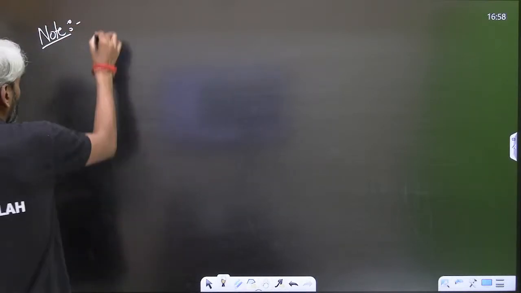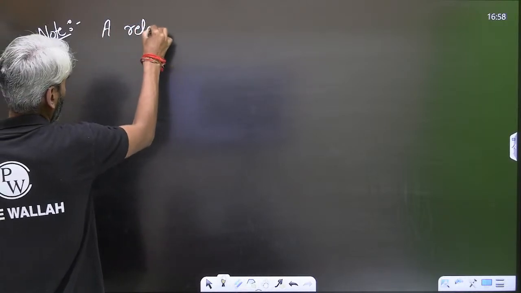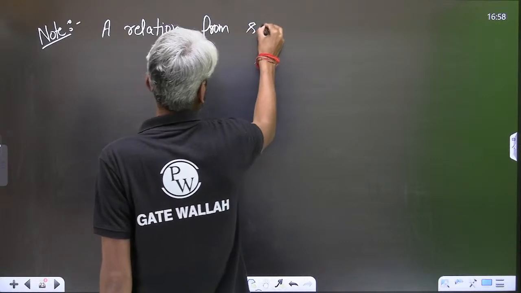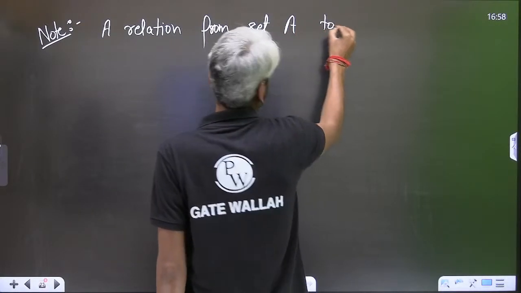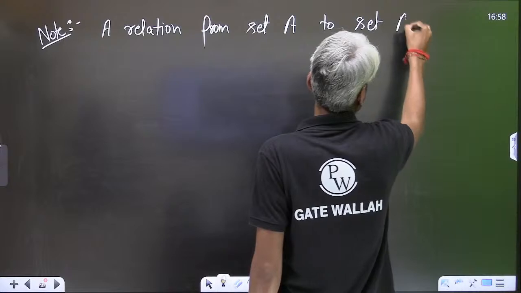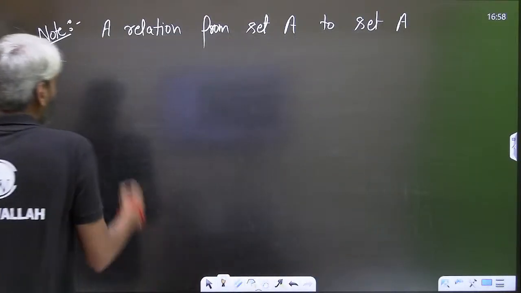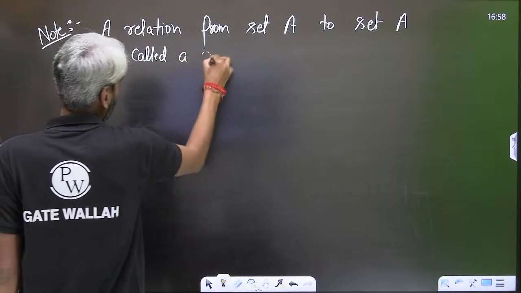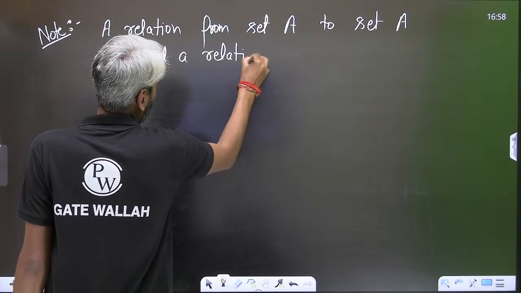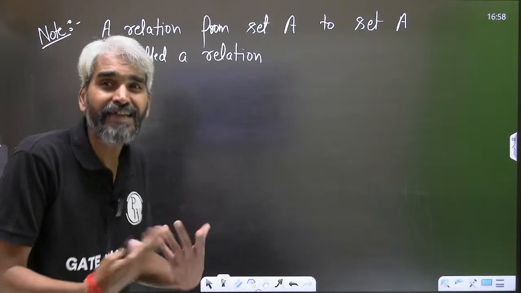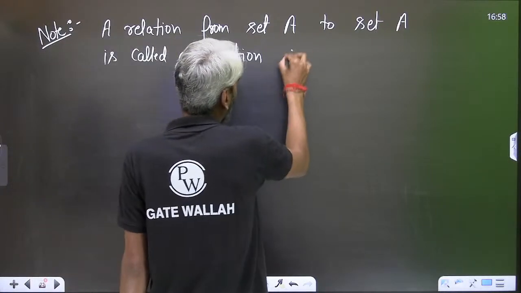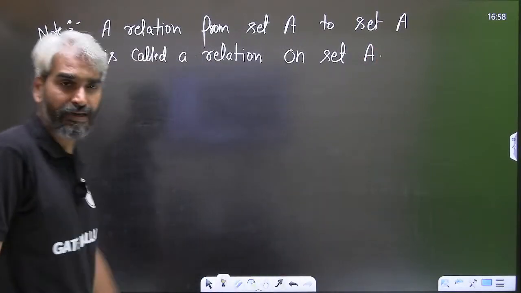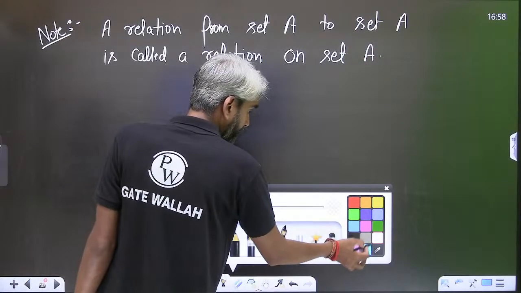So note, a relation from set A to set A is called a relation on set A. So this is basically a relation on the same set.